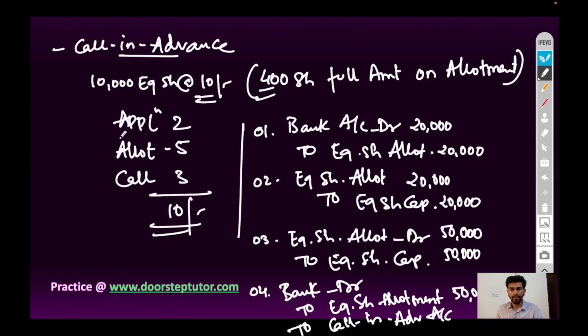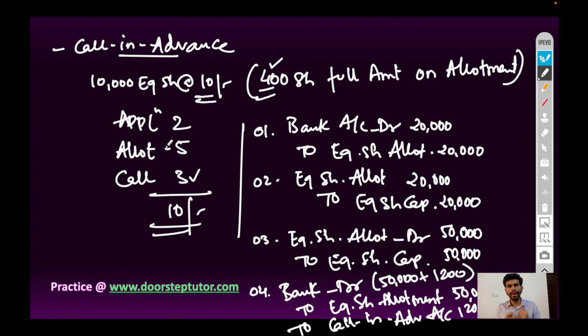Now the bank account will be debited with 50,000 plus call in advance. It means call money is 3 rupees, and allotment and call money on 400 equity shares is received in advance. So 400 into 3, 1,200. 51,200 rupees bank account debit and call in advance is 1,200. So the entry will be bank account debit 51,200 to equity share allotment account 50,000 to call in advance 1,200.